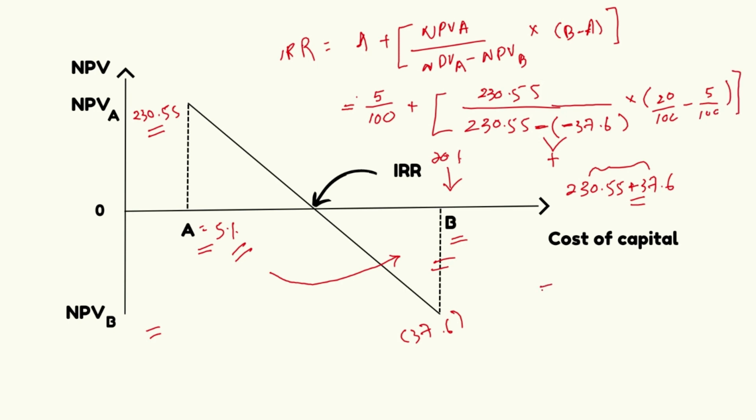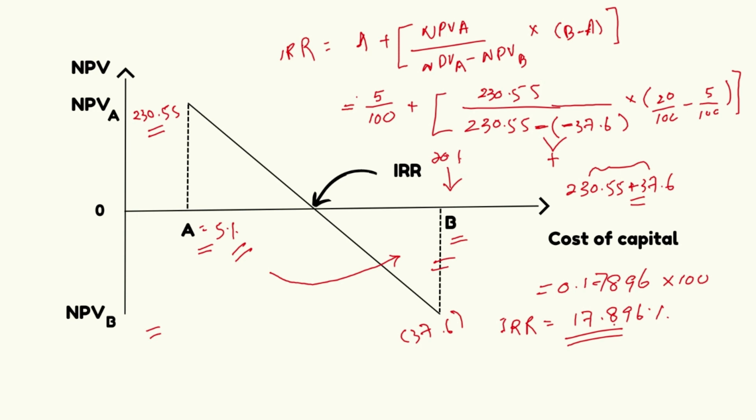So this will give us 0.17896. This is a decimal value. Now we have to convert this into a percentage value because IRR is a percentage value. We can simply multiply this by 100. IRR equals 17.896%.